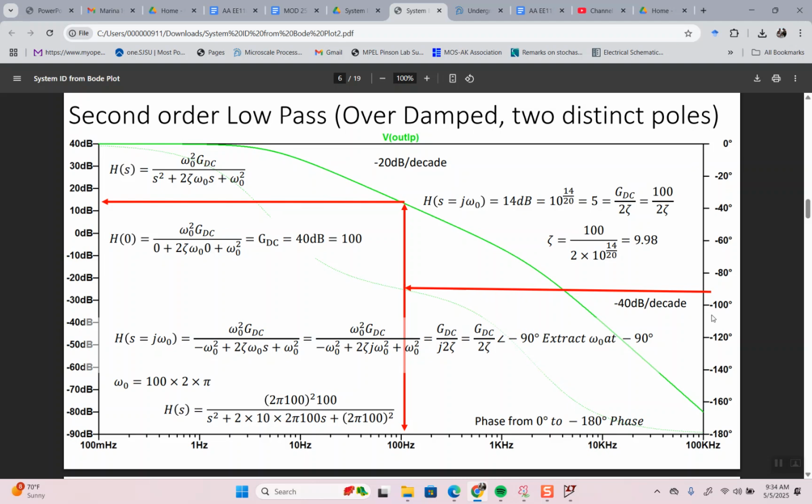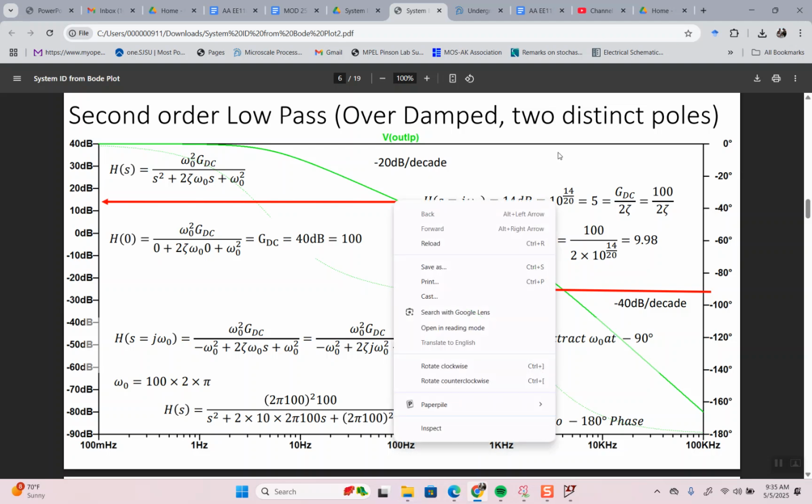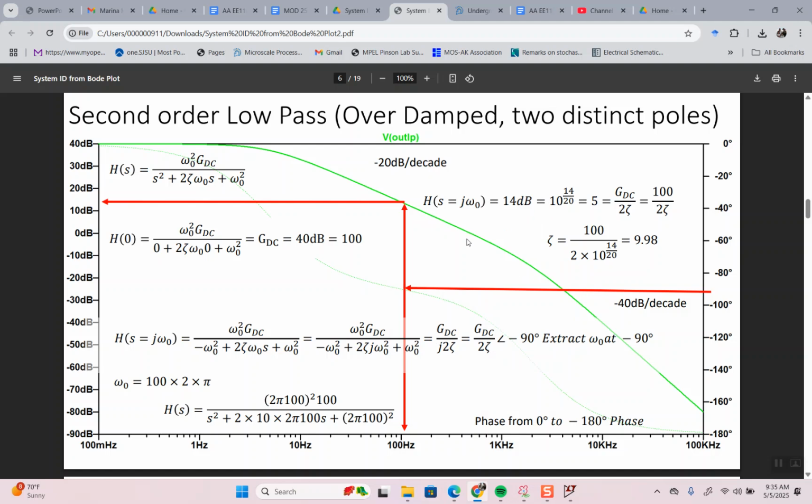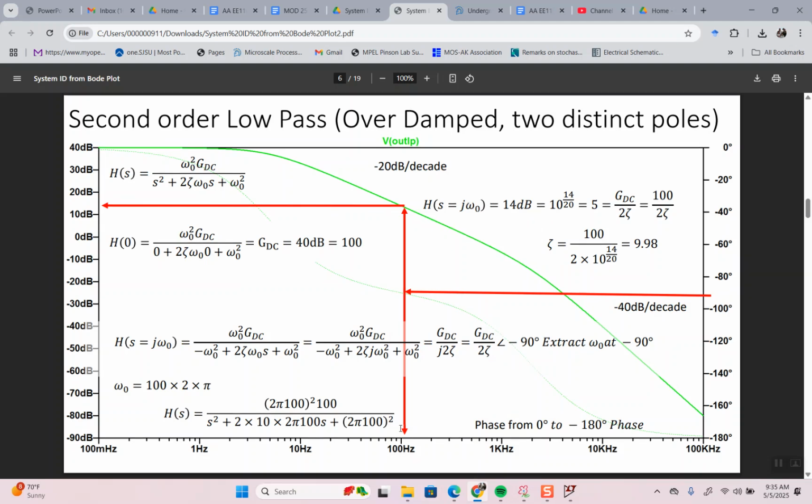Well, instead of minus 45, take it at minus 90 because it's second order. But really, do it the extracted way with the asymptotes. So I get 100 hertz. Great. So now omega naught is 2 pi 100 hertz.